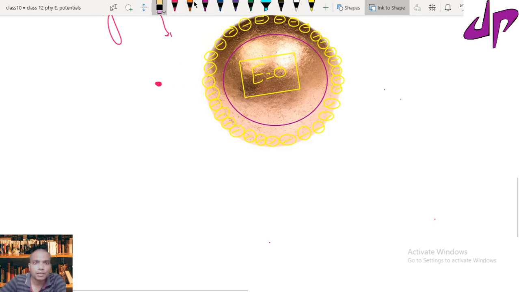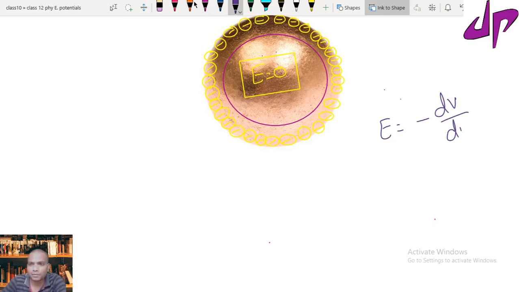The electric field and potential relation is: electric field E equals negative of dV by dr. It means potential per meter. That's the relation between electric field and potential.